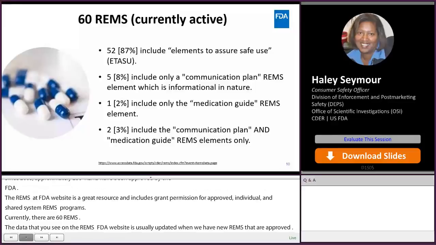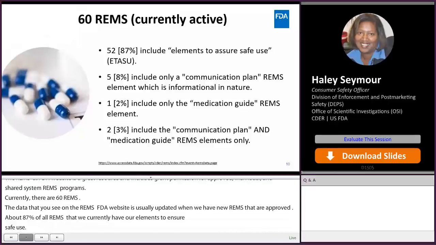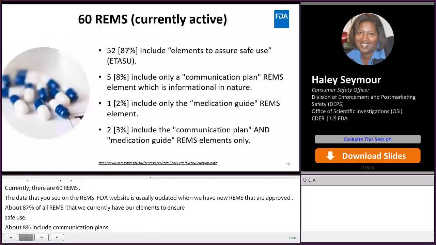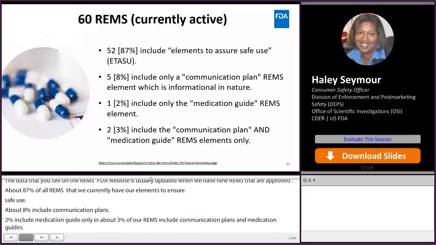About 8% include communication plans. 2% include medication guide only, and about 3% of our REMS include communication plans and medication guides. Elements to assure safe use may use one or more of the elements to mitigate the known serious risks associated with the drug.